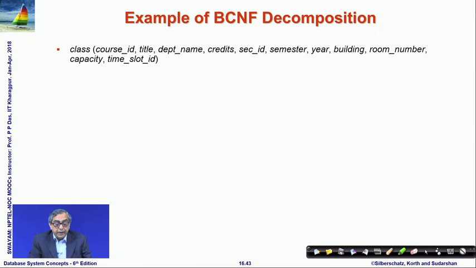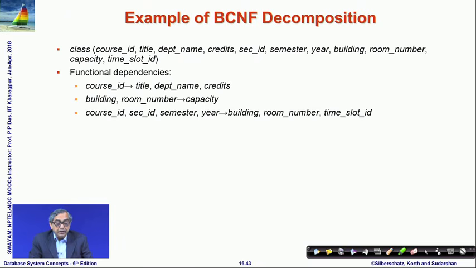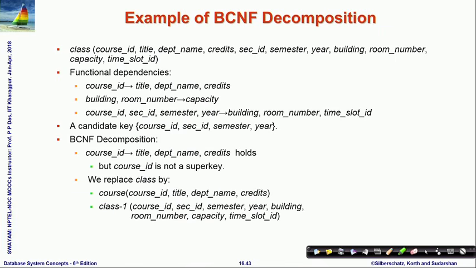Here is another, more detailed example of a class relation, which has a whole set of attributes and these functional dependencies. Based on that, the candidate key is course ID, section ID, semester and year. You can proceed with the BCNF decomposition, taking the first functional dependency that holds, but the left hand side, the course ID, is not a super key.